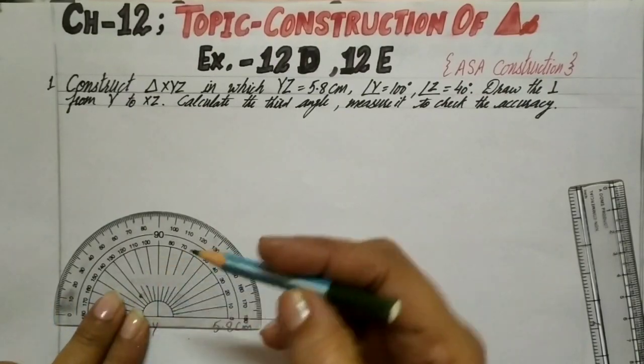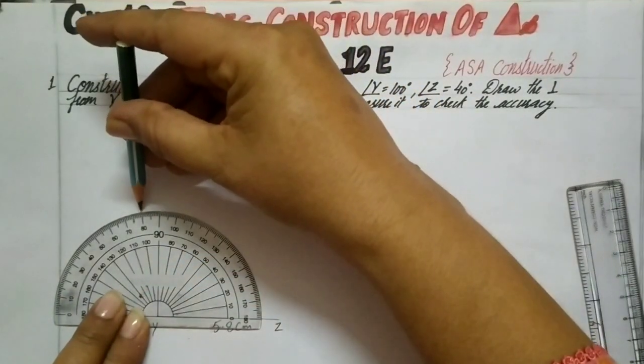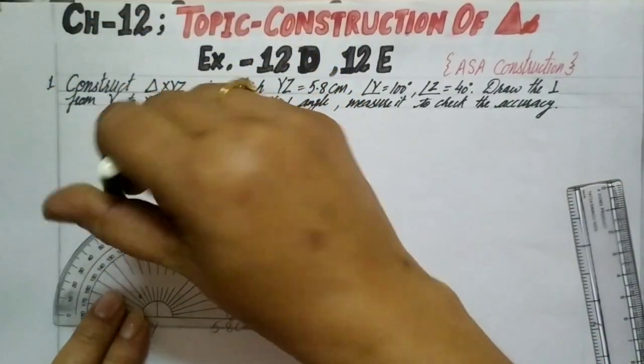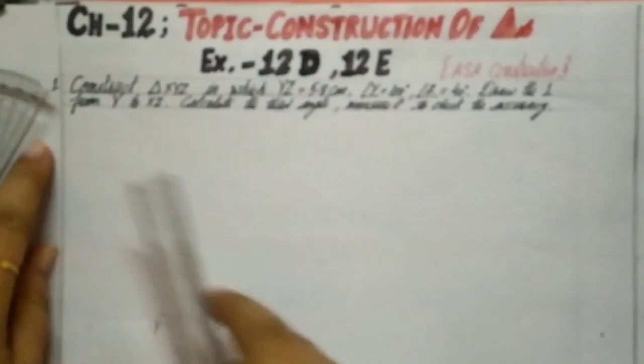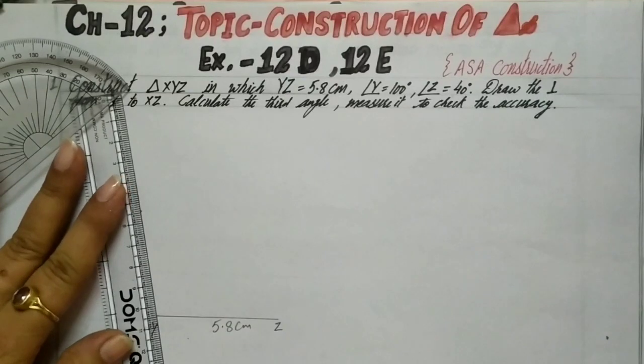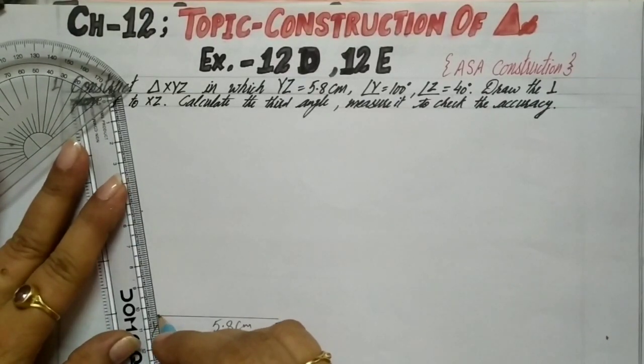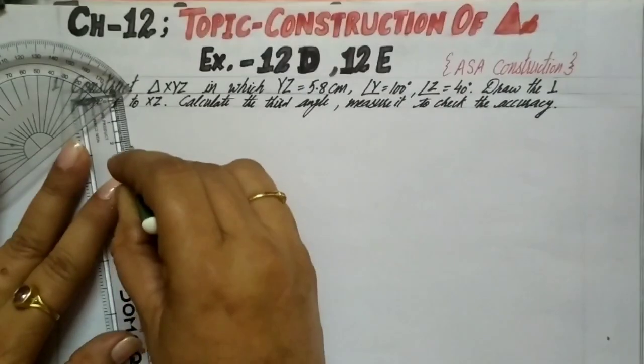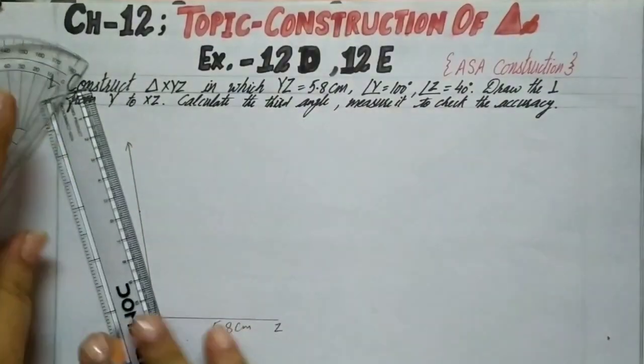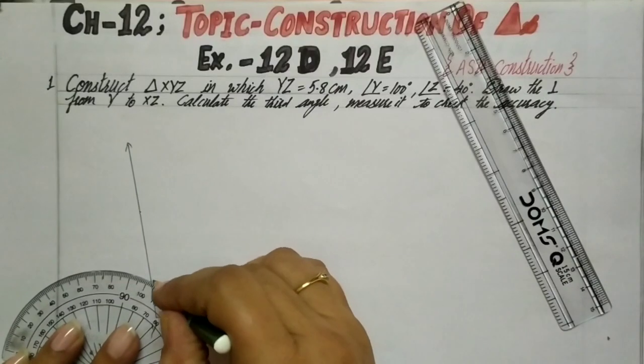It's 0 and 100 degrees is here. Mark the point. Then draw a ray with the initial point Y passing through this point. So this angle is of 100 degrees.